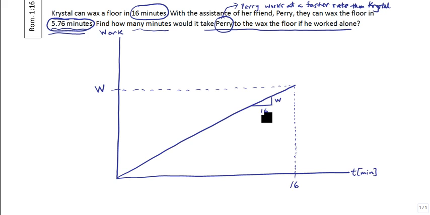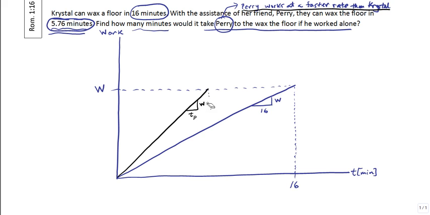I also know, as we just mentioned, and I'll draw this in a different color, that when Perry works all by himself, he's going at a faster rate. As we said up here, Perry works at a faster rate than Krystal, and so I expect his curve to be at a higher rate, such that this is still W to do the same job, but we don't know what this value is, and that's what we're trying to determine.